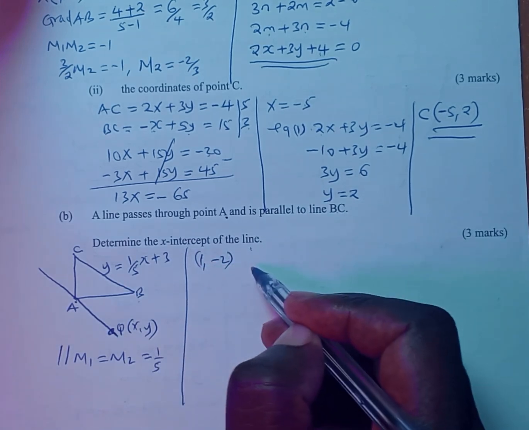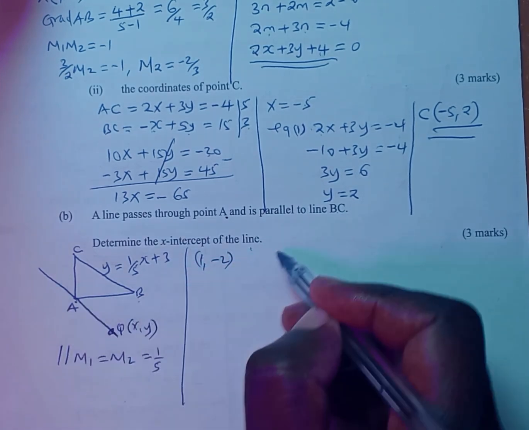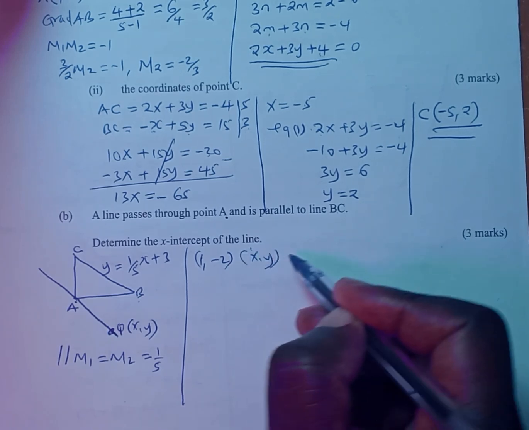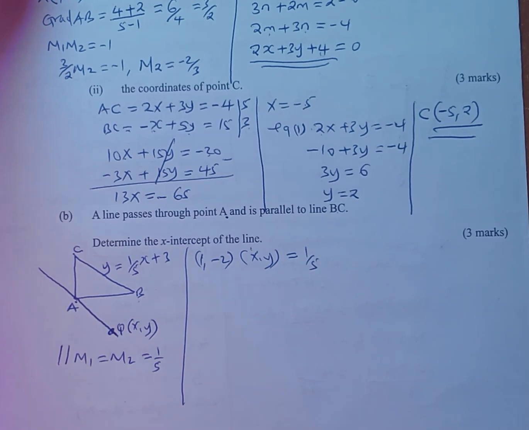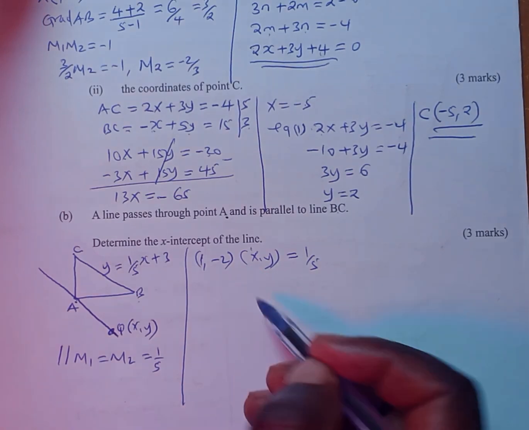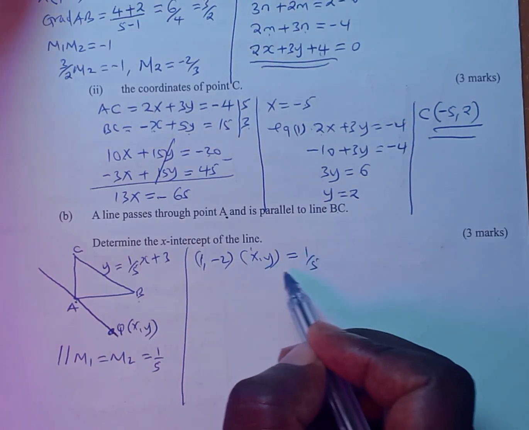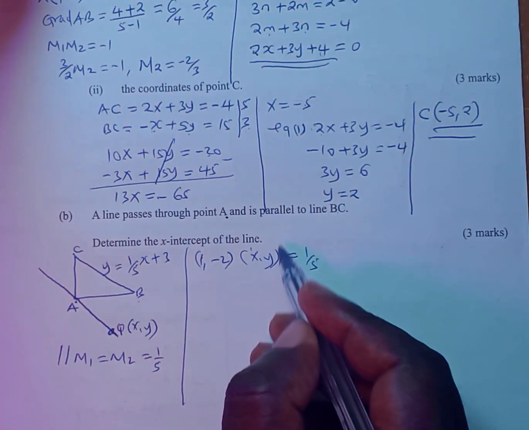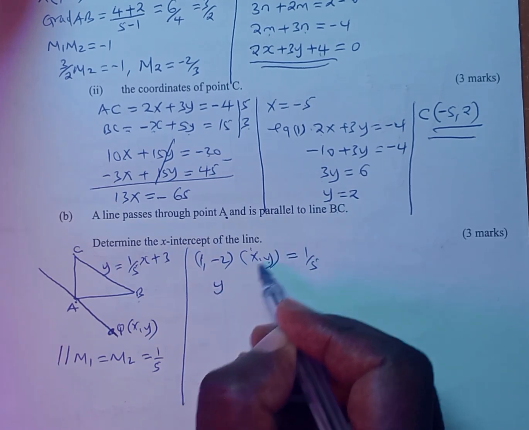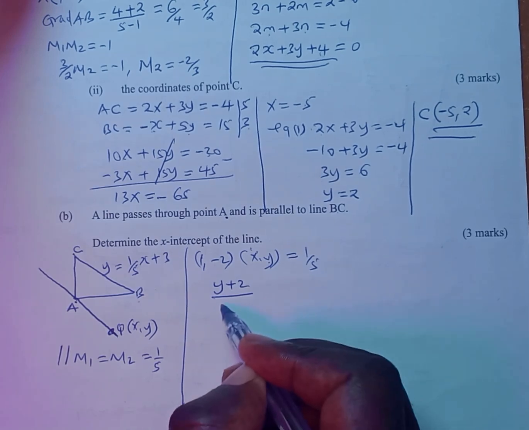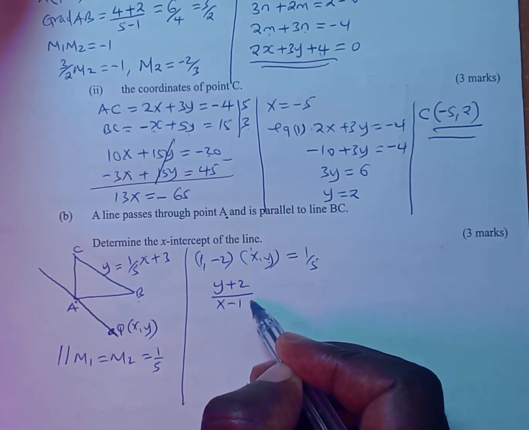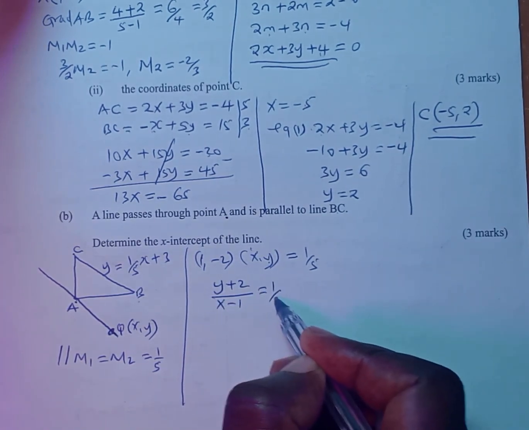We also take another arbitrary point along this line, which is (x, y), and of course the gradient is 1/5. We get the equation first before getting the x-intercept. So what we are going to do here, we get the gradient again. The gradient is the change in y over the change in x. This is going to be y minus -2, which is +2, divided by x minus 1, and this one is going to be a fifth.